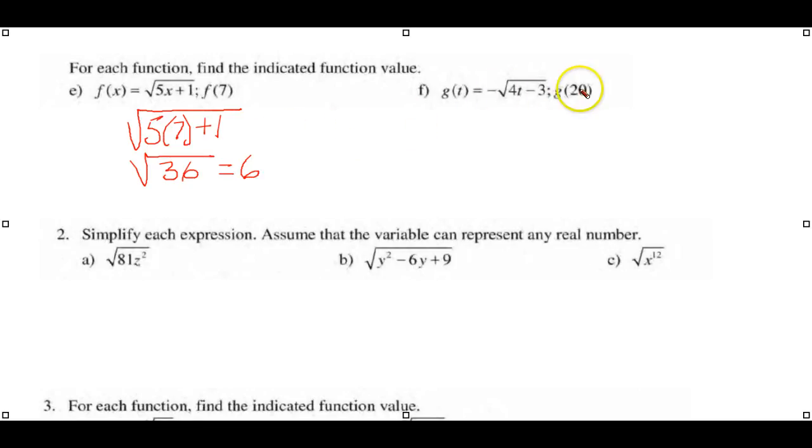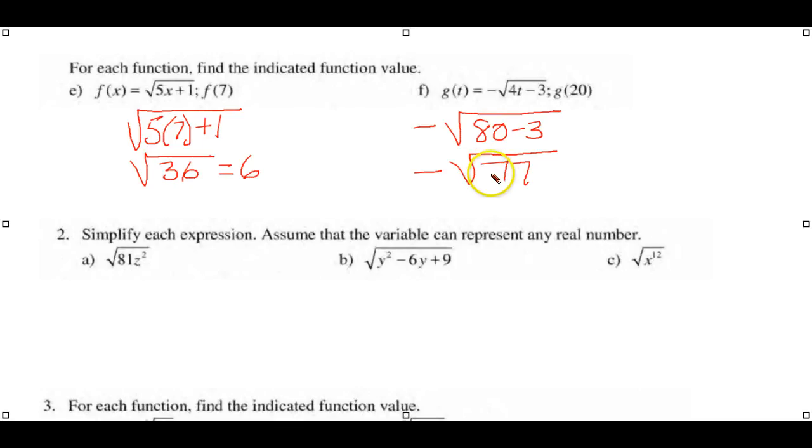Now, for this one, we're going to put a 20 there, and it's negative square root of 4 times 20, which will be 80, minus 3, will give us the square root of 77.